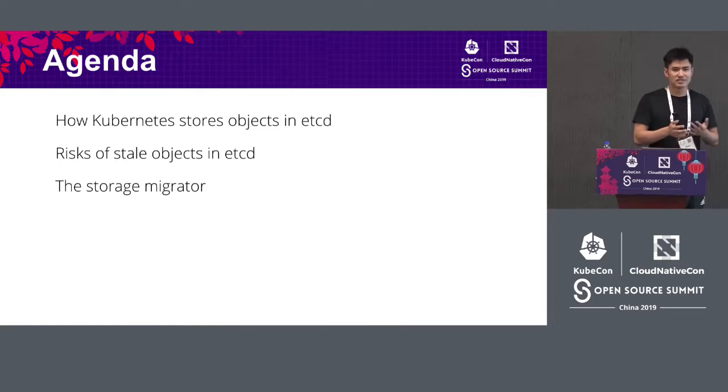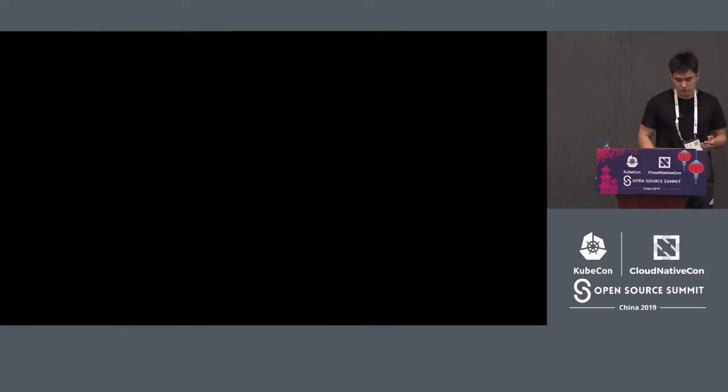That's really not a situation I want to be in, and I don't want any of you to be in this kind of situation either. That's why I came to work on the storage migrator, and that's why I want to share with you how to use the storage migrator, so that hopefully this never happens to you.